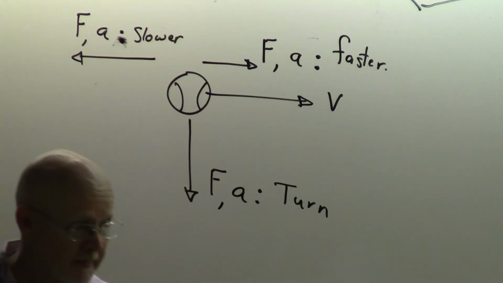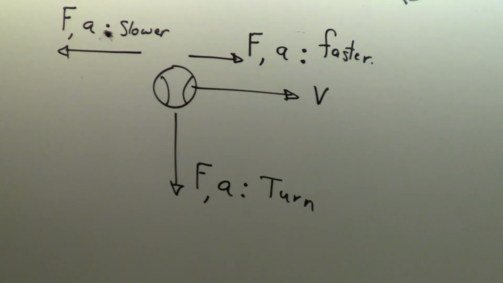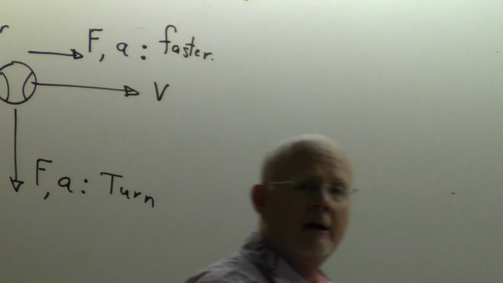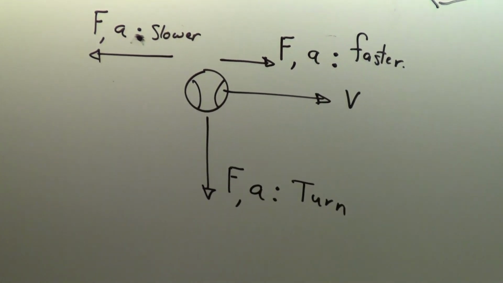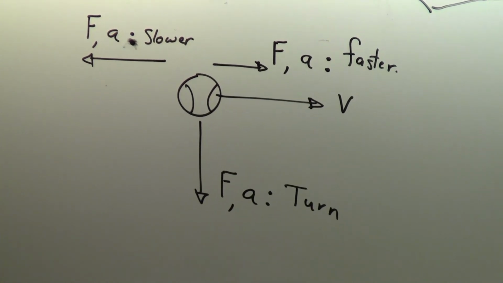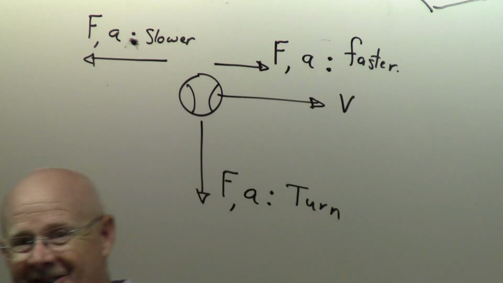And one last thing. I'll change colors here. Maybe I'll even do two sets of colors. If we put this together, what if the car was getting on the freeway, so as it goes on the cloverleaf, it's not only turning, but it's going faster?